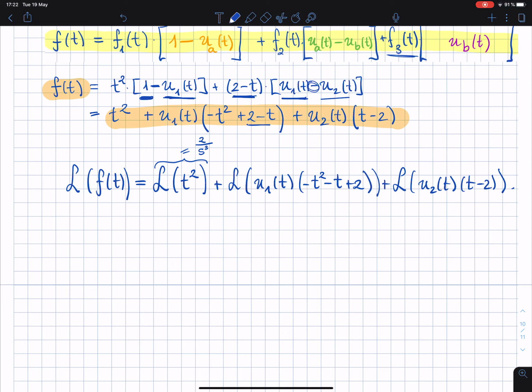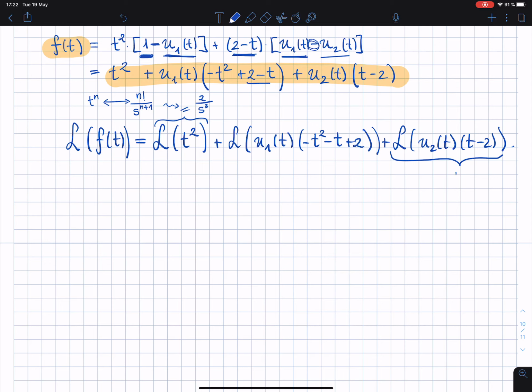What we are using here is the fact that t to the power n has as its Laplace transform n factorial divided by s to the power n plus 1. So this part is pretty easy. What about the other parts? I will start with this one because it's a little bit easier, okay?